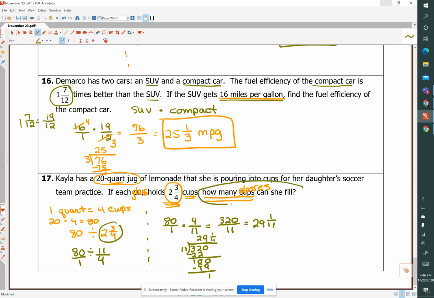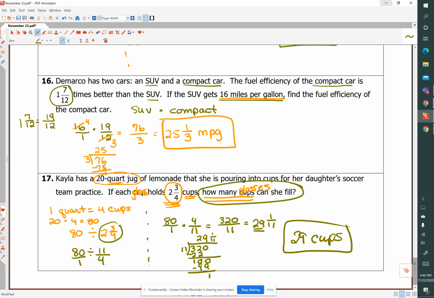However, how many cups or glasses can she fill? We're going to assume for the purposes of this problem that they mean whole glasses, okay? So we're not going to fill a 1/11 of a glass. So our answer would simply be 29 cups or glasses.